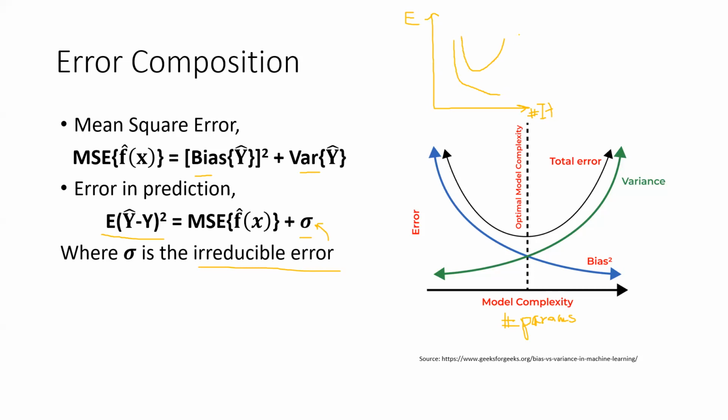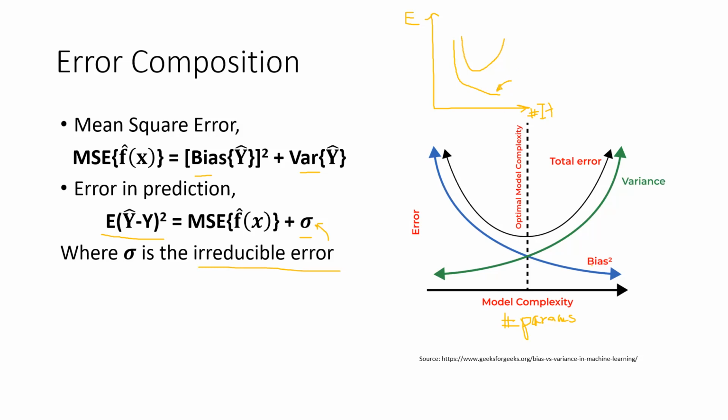So this test error has a curve like this total error, right? Because this total error is the real error, the error that you get on unseen data from the environment. The training error, on the other hand, will get reduced again and again because it is overfitting to the training data set.